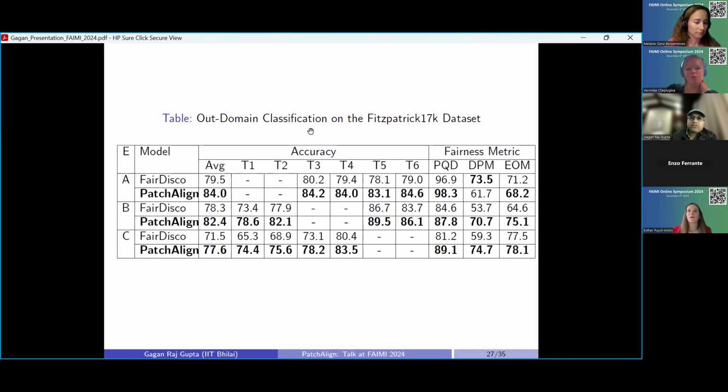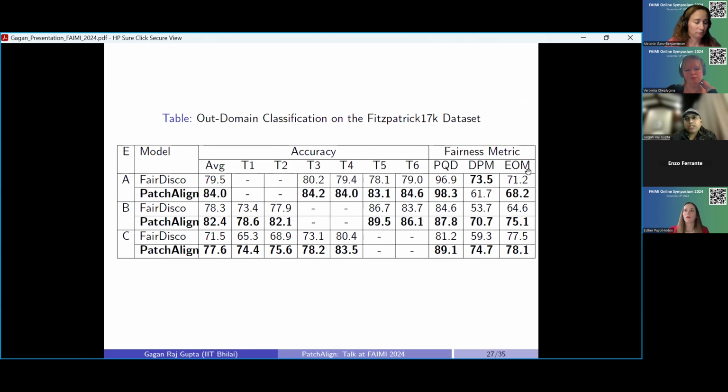And then this also is an interesting result, which is out-of-domain classification, where we train on two tones. For example, in this row A, I'm training my model on T1 and T2, but evaluating on the other four tones. And here, compared to FairDisco, on average, we improved like 4.5 or 5% on the average accuracy.